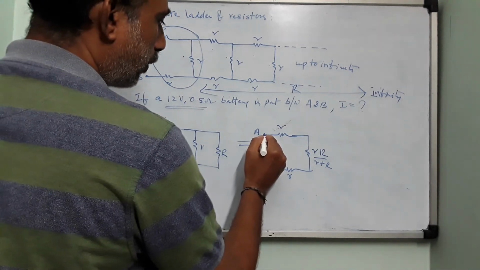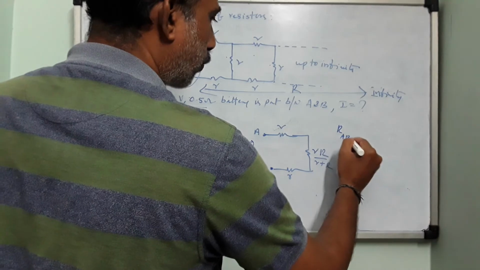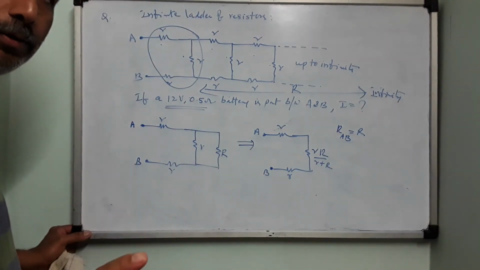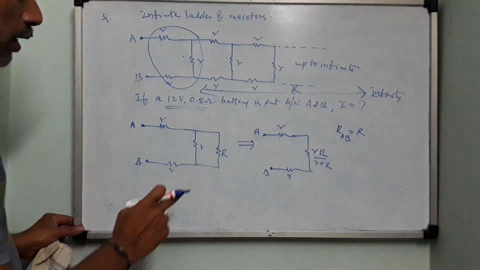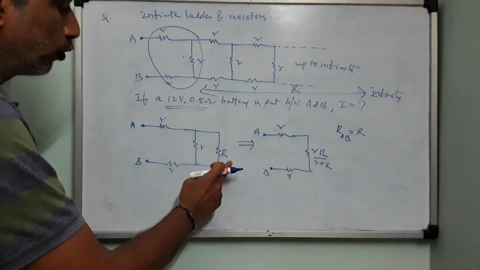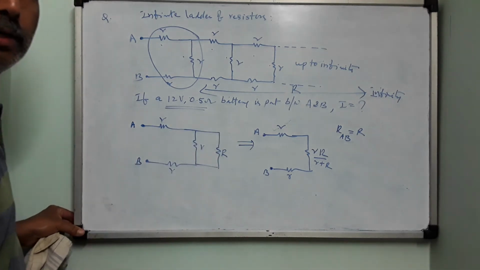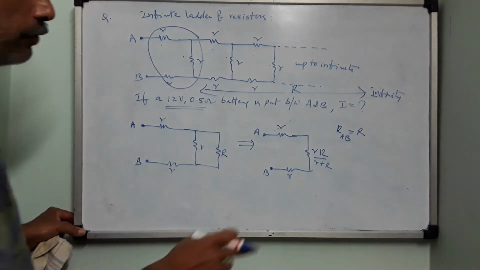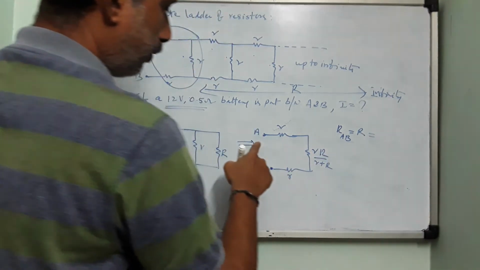Therefore, the resistance between A and B, RAB, is also equal to capital R. If the entire infinite network offers capital R, and I add the fundamental step, the total resistance between A and B still remains capital R.